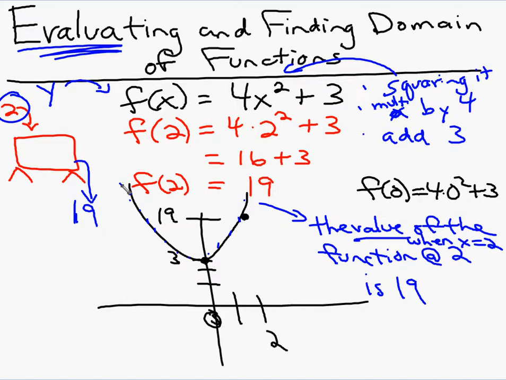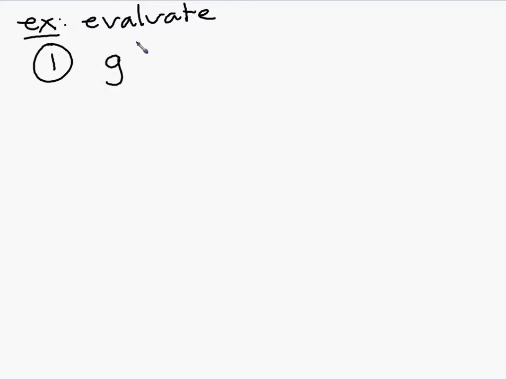So tonight, one of the things you're going to be doing is pretty straightforward. You're going to be asked to evaluate the function. They're going to give you a function like g of x, and by the way, don't get freaked out about different letters. I could put g of x, r of x, or q of x. They all work the same way.